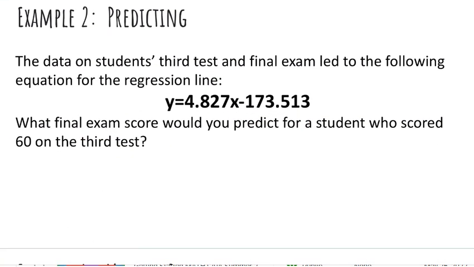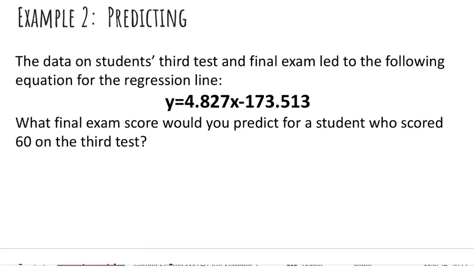Let's predict the data on the student's third test. If you'll recall, this was the equation we got from the very last problem we did in the last video. The data of student's third test and final exam led to the following equation for the regression line. What final exam score would you predict for a student who scored a 60?